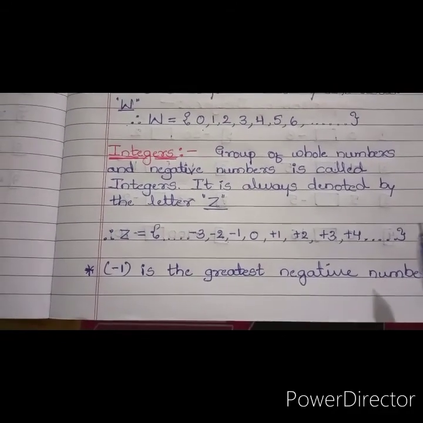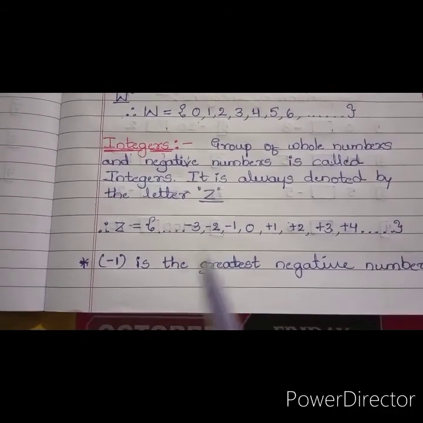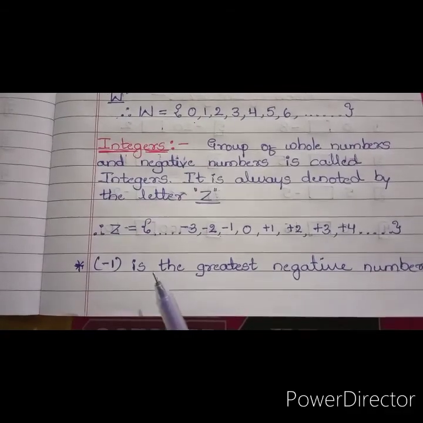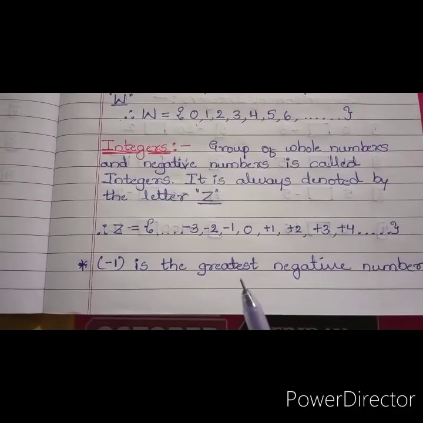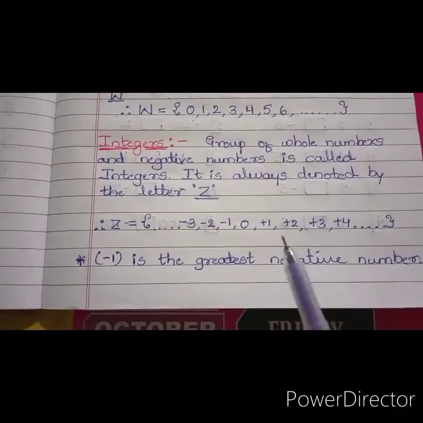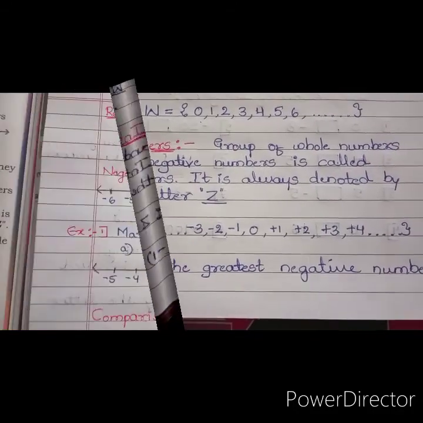It is continued. In the integers, the very important thing is minus 1 is the greatest negative number. This is a very important thing.